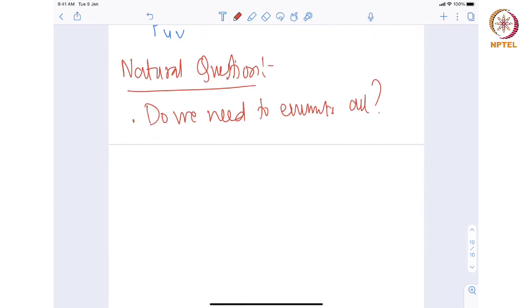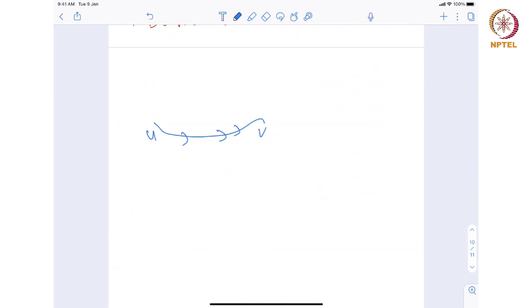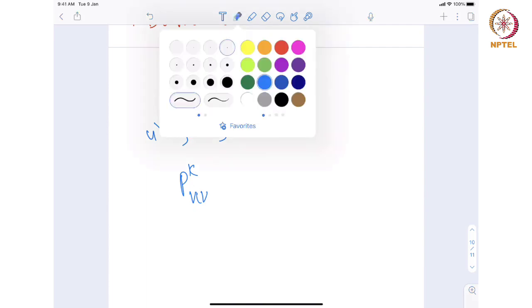So the point is, look at the set P_k(u,v).